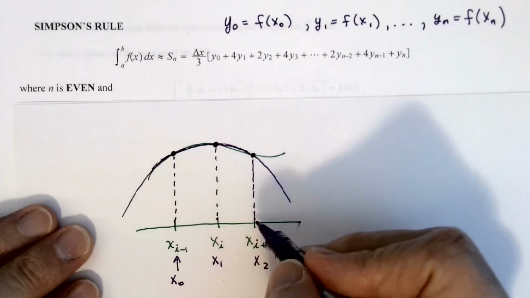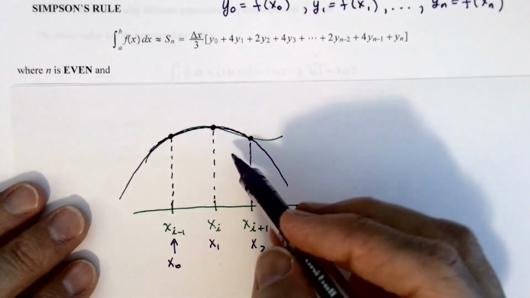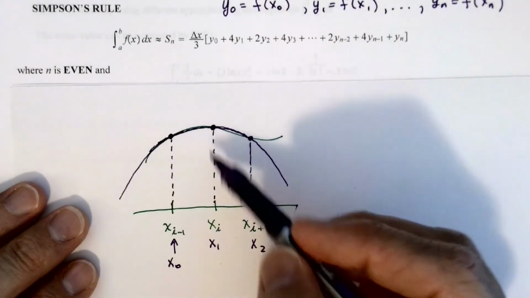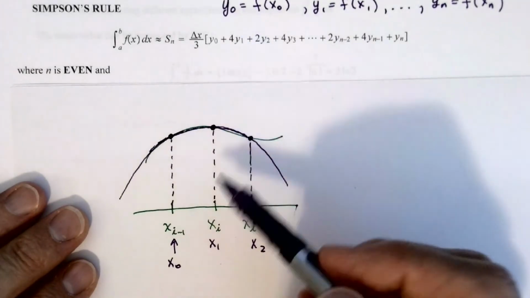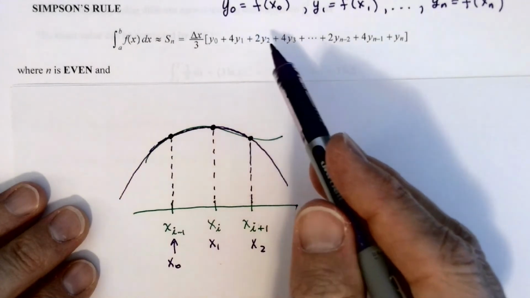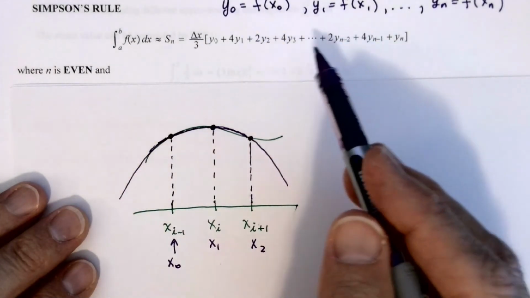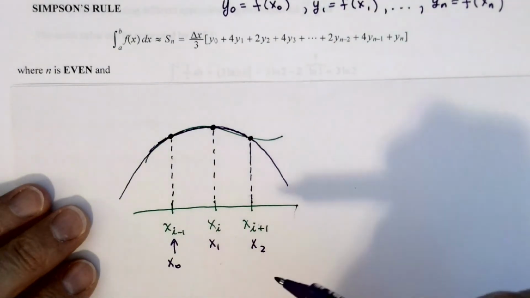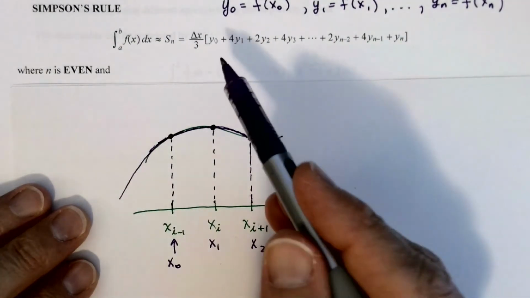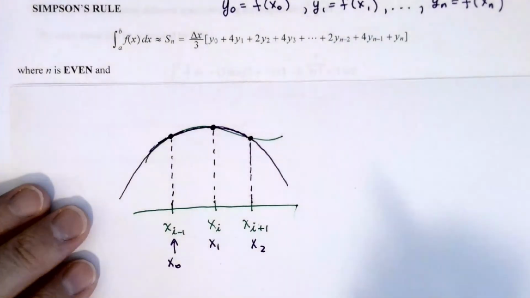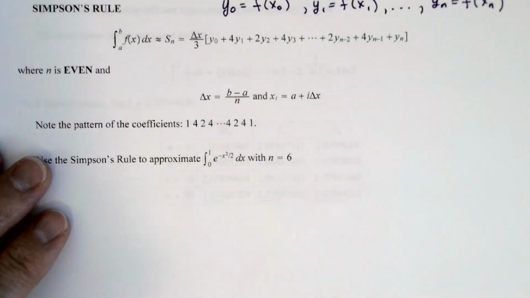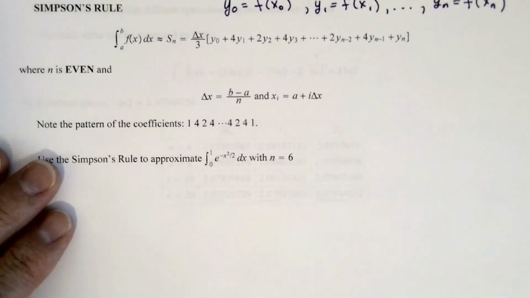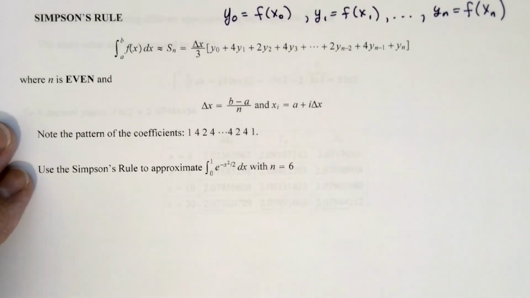There's something about reusing that that causes this coefficient pattern to happen. Without deriving Simpson's Rule for you, it is a little mysterious where these come from. But I can show that maybe in a separate video, as an extra credit sort of thing to take a look at if you're interested.